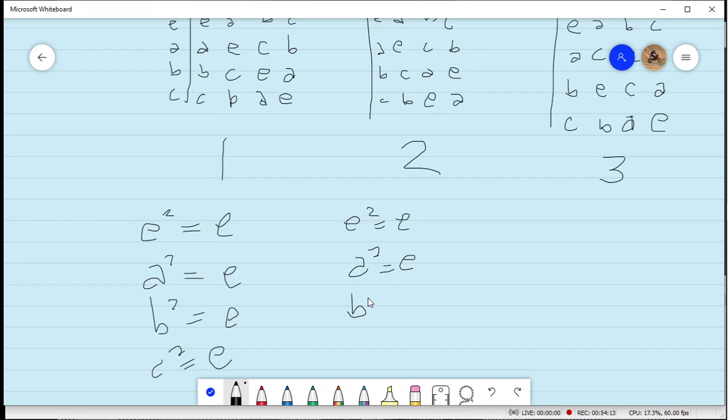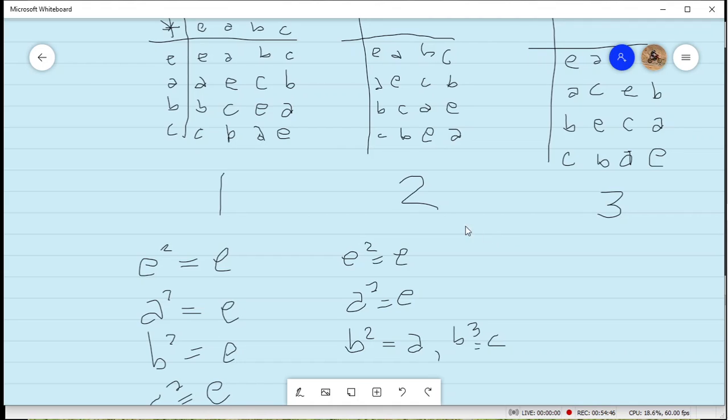But B squared, what is B operation B? It is A. And B cubed, that is B squared B. Since B squared is A, I'll have just A operation B. A operation B is C. Am I right?